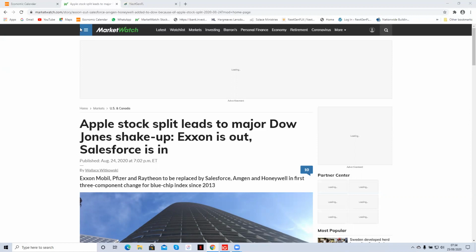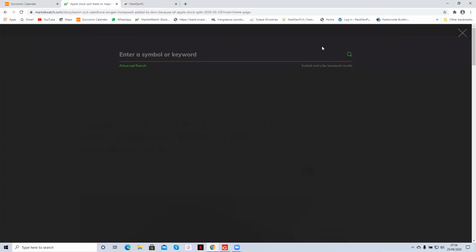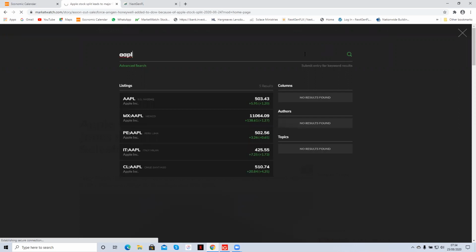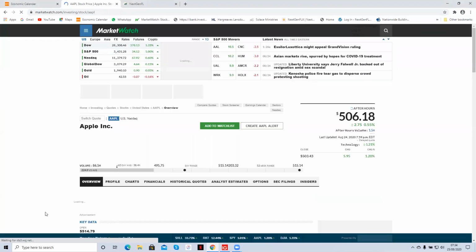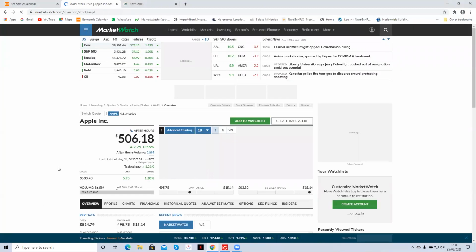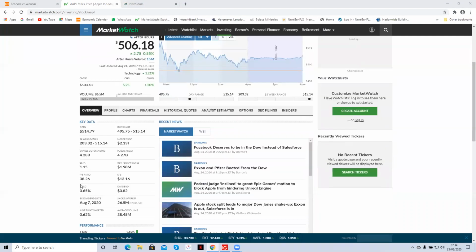Now, if you're investing, you have your criteria you want to fulfill, because if you remember, we talked about PE ratios and earnings per share. Are you value investing? If you look at Apple's PE ratio now, it's 38. So are you doing growth investing or value investing?